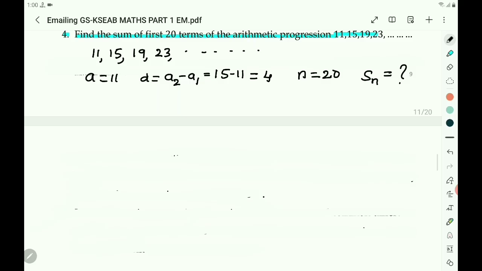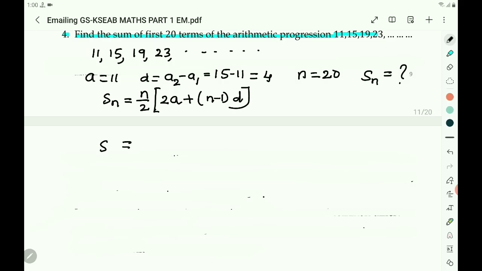Now you write the formula for Sn with a, d and n, because a is known, d is known, and n is known. Then Sn equals n by 2 into 2a plus n minus 1 into d.